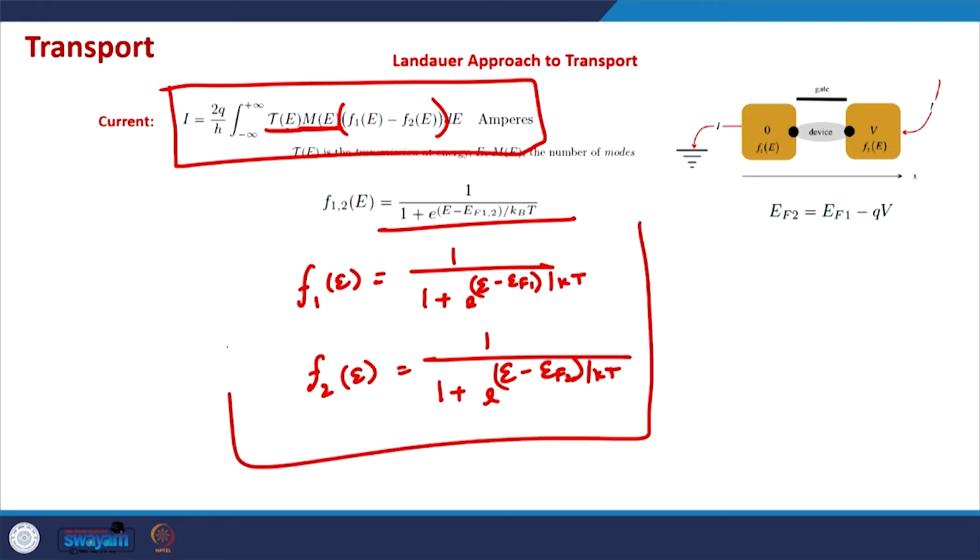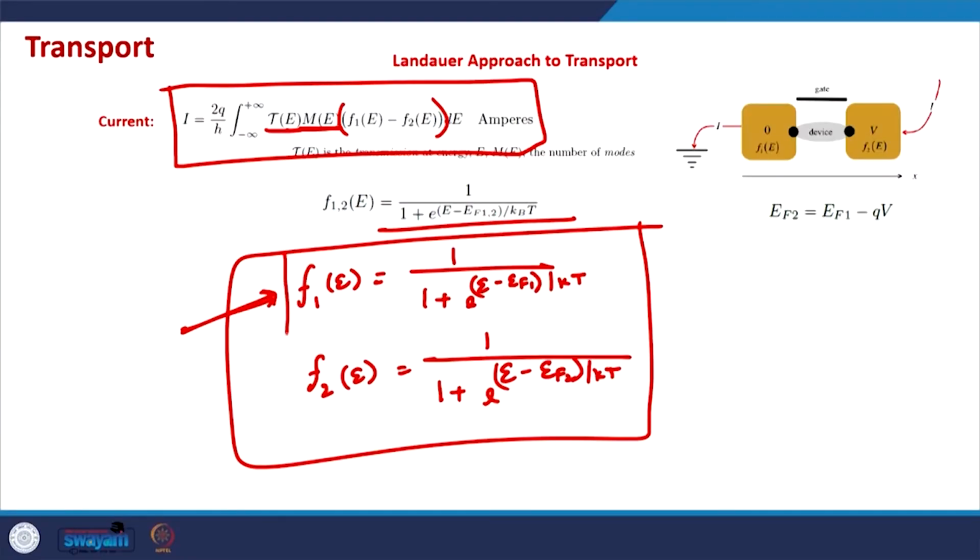So the Fermi function, just to remind you, is the probability that an electronic state at energy E is occupied by the electron. That is the probability, and that is given by the Fermi function.